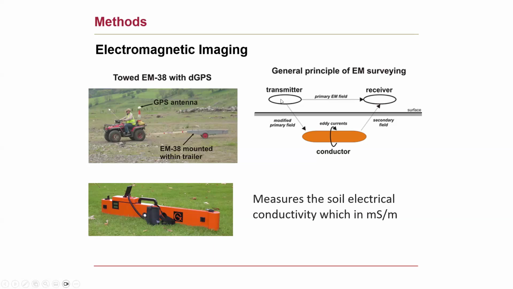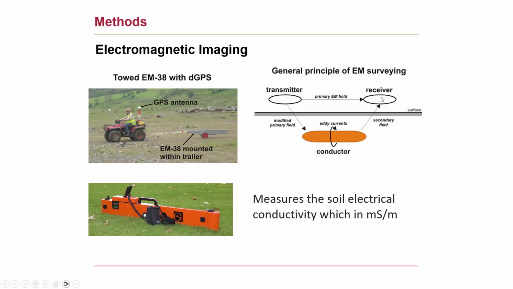What the transmitter simply sends into the soil is an electromagnetic wave. Electromagnetic means it has an electrical component and a magnetic component. When it gets into the soil, because the soil contains materials or has properties that allow it to serve as a conductor, it generates eddy currents that induce a secondary electromagnetic field.